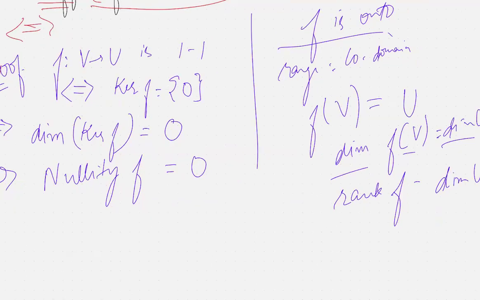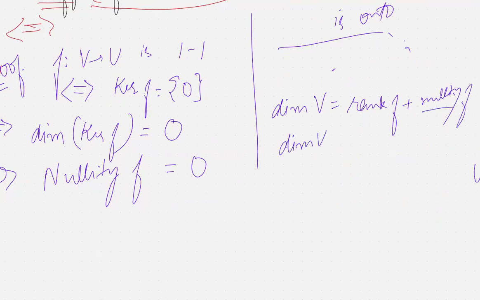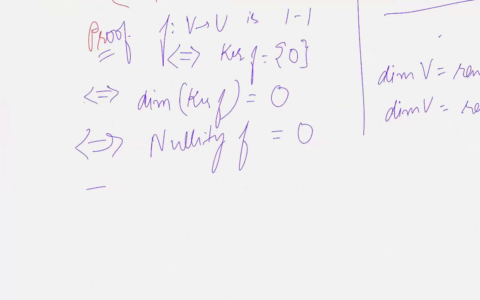It says that dimension of the domain is equal to rank F plus nullity F. If nullity is equal to 0, then dimension of V will be equal to rank F. So this means that nullity F is equal to 0 if and only if rank F is equal to dimension V.